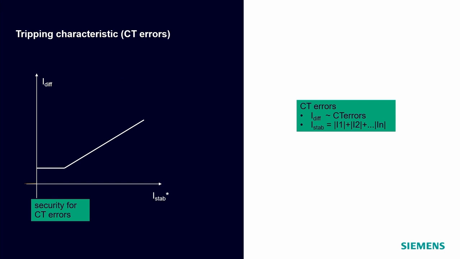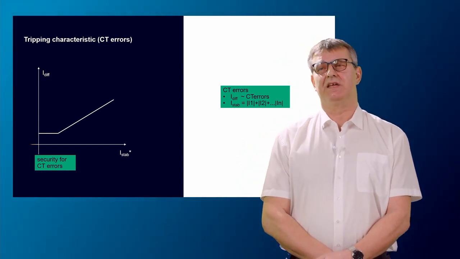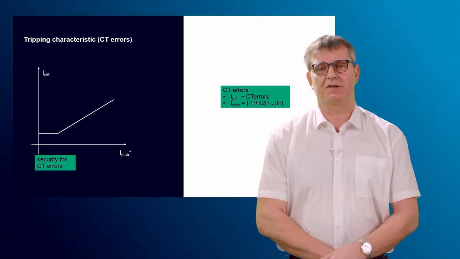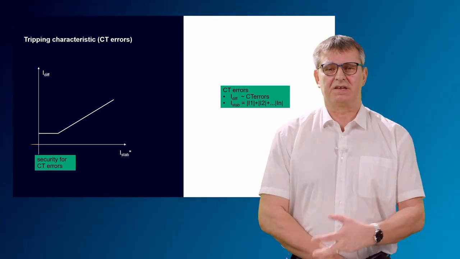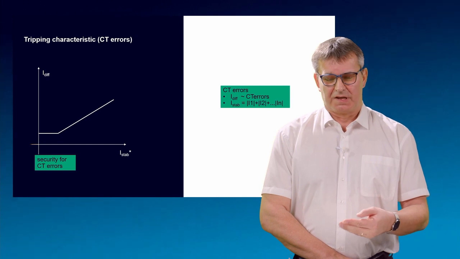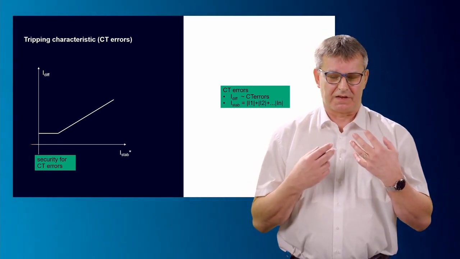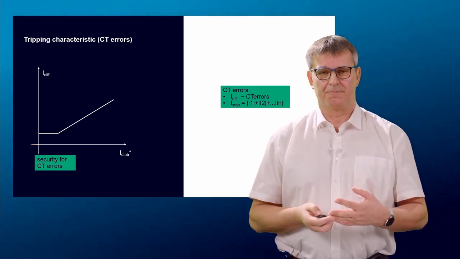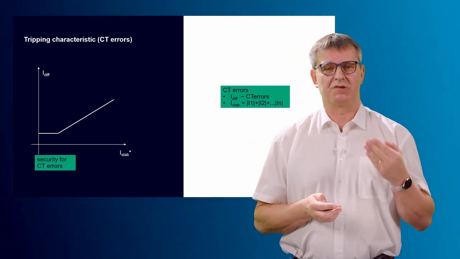CT errors. What exactly do CT errors mean? CT errors are mainly the inaccuracy of the whole system: the inaccuracy of the primary current transformer, the inaccuracy of the secondary current transformer in the device, of the whole measurement acquisition system in the device, and so on. And we have the stabilization current, which is also the same.